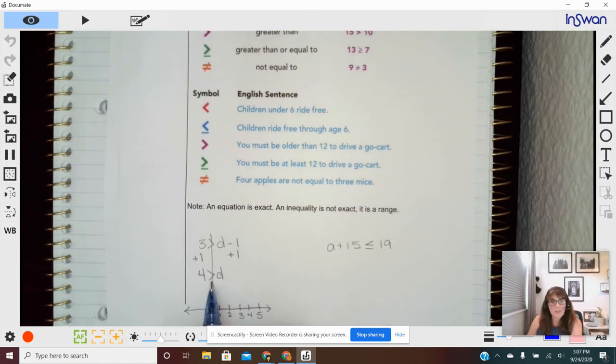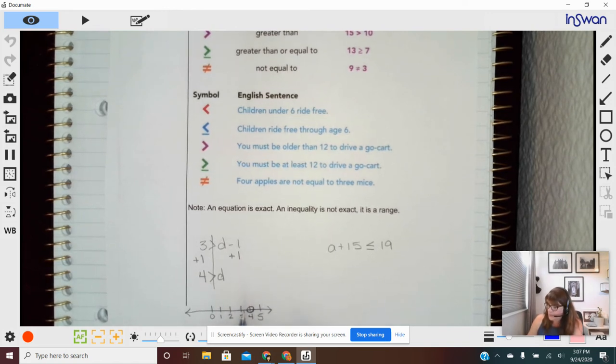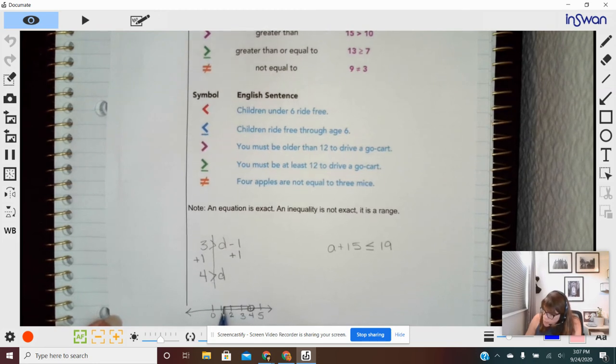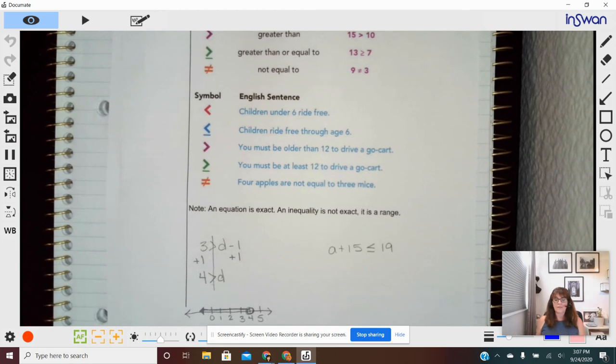There's no equality symbol. This isn't greater than or equal to. So it's an open circle at the 4. And d has to be smaller because 4 is greater than whatever d is. So what's a number that's smaller than 4? 1. So my arrow has to go towards the 1 and then just keep going on forever and ever into eternity. And that is how you graph an inequality on a number line.